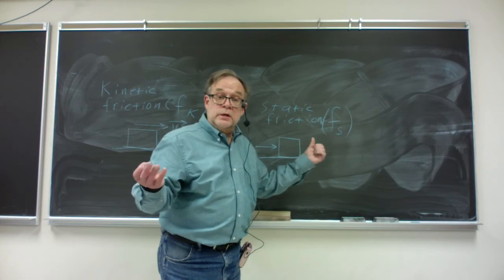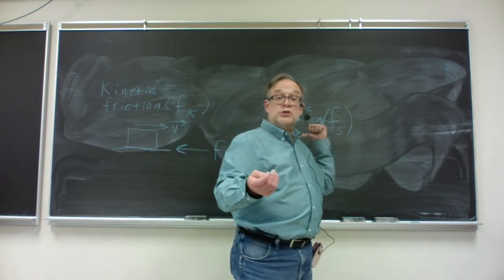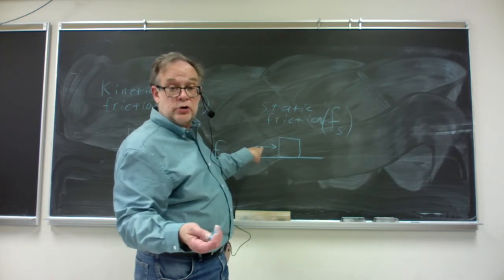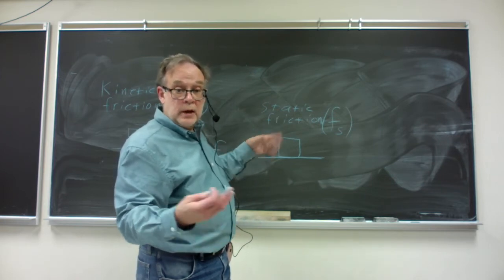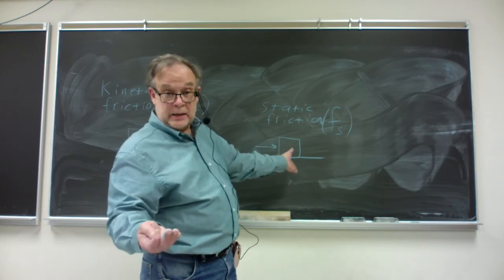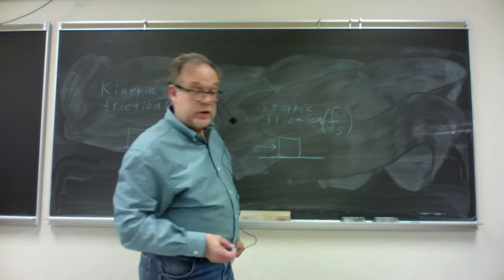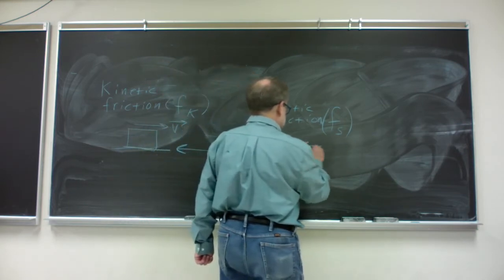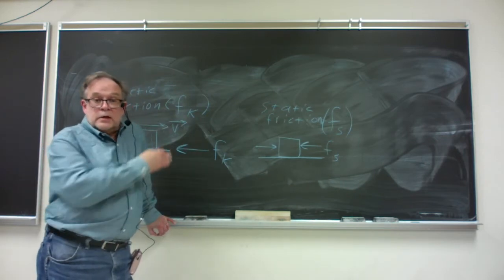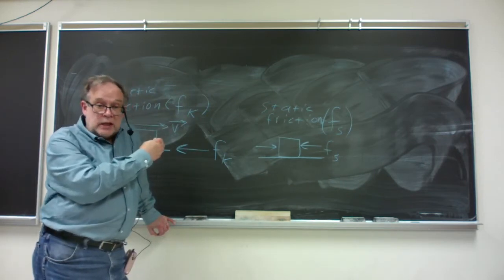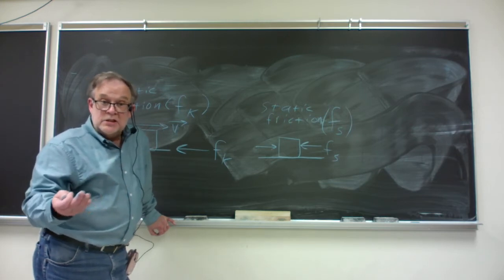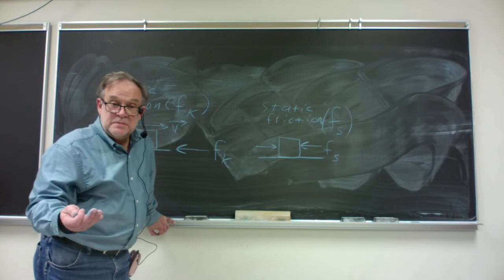That must be because there's some other force pushing the other way that is strong enough to counteract and cancel out your push. And that force that keeps something from sliding is static friction. Kinetic friction happens when something is sliding. Static friction prevents the sliding from happening in the first place.